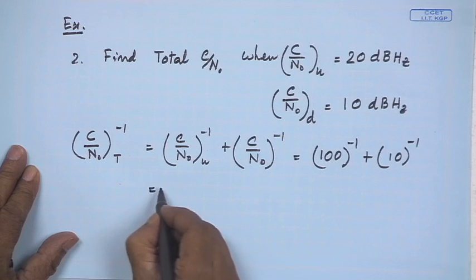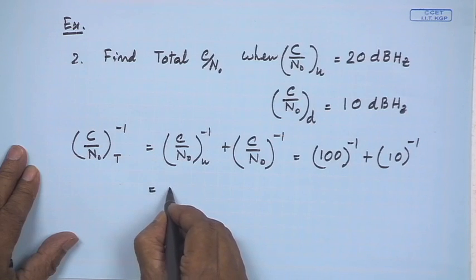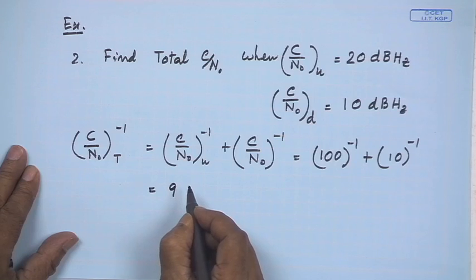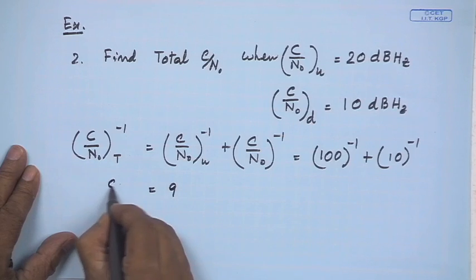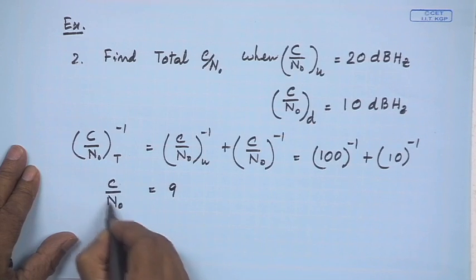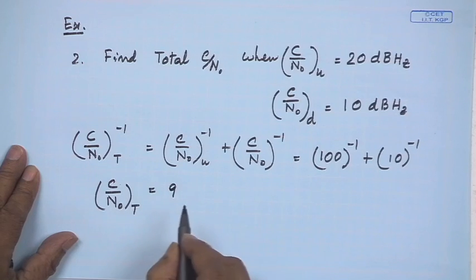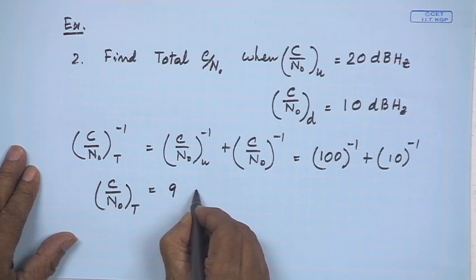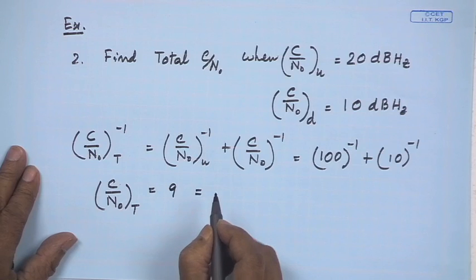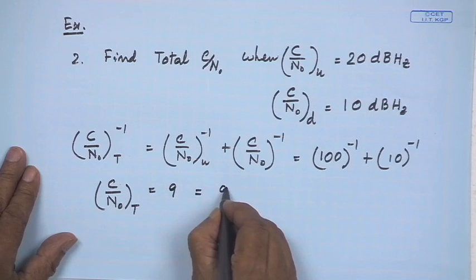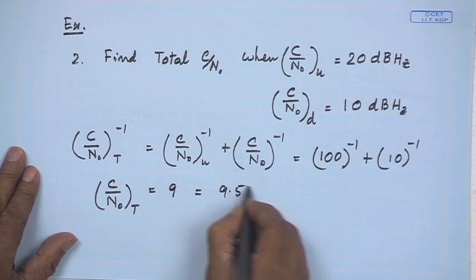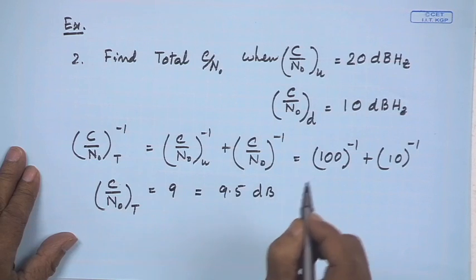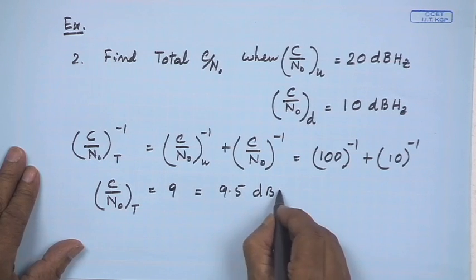So, the result is roughly 9, and if we inverse it again, C by N0 total is 9, which is 9.5 dB hertz.